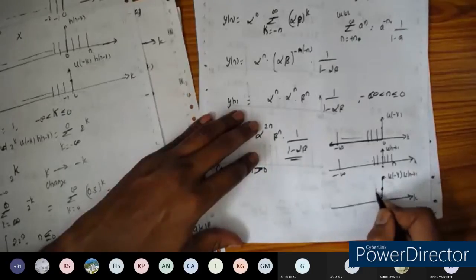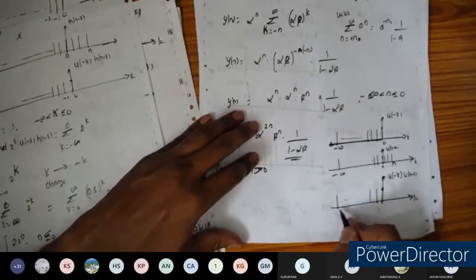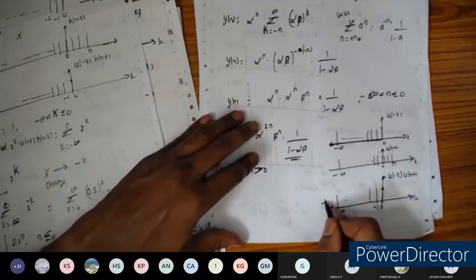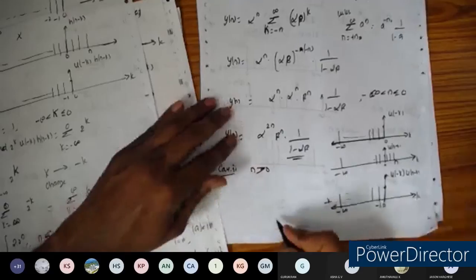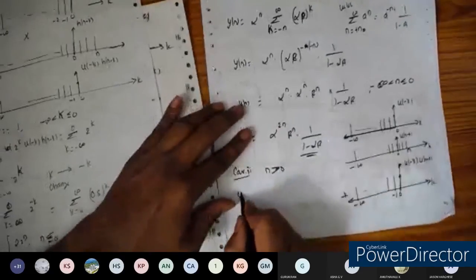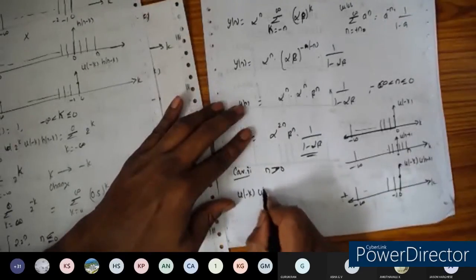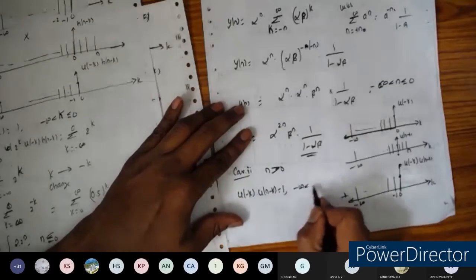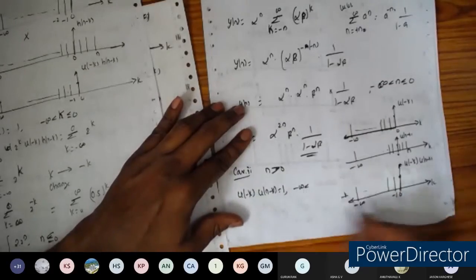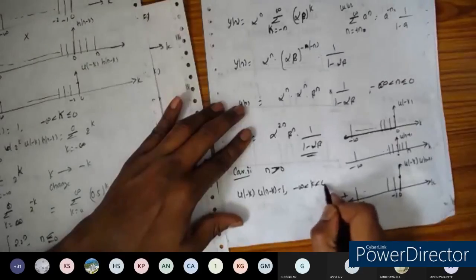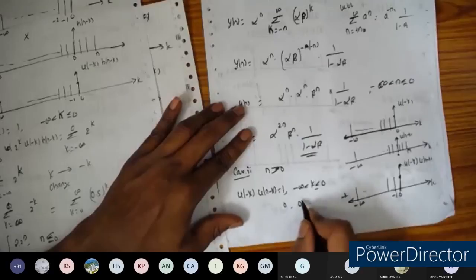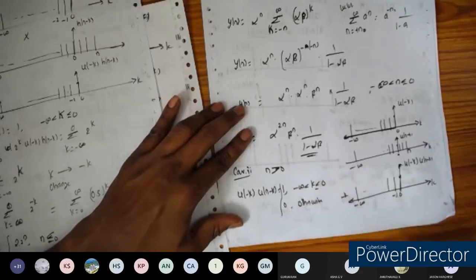So the product is going to exist from 0 up to minus infinity here. So I can write for n greater than 0, u of minus k into u of n minus k will become equal to 1 for k less than or equal to 0, and 0 otherwise.